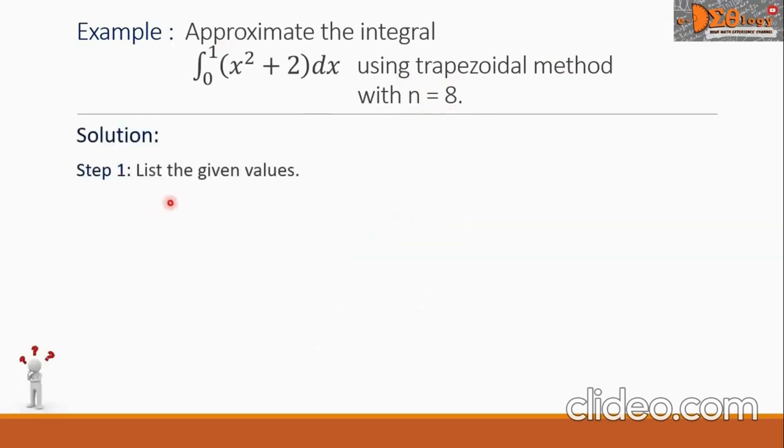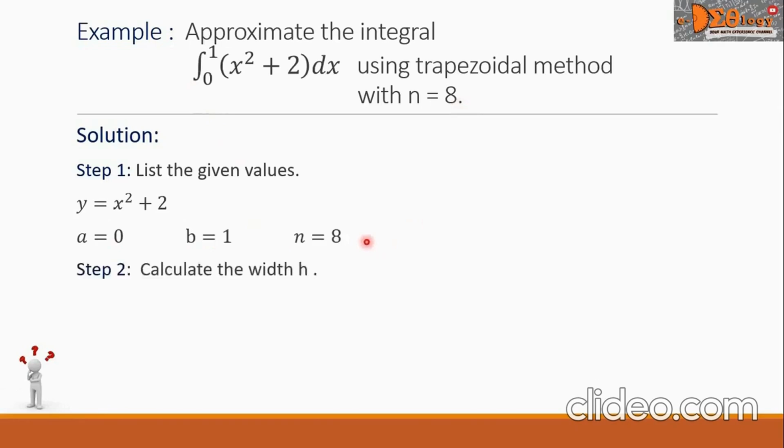Step 1 is to list the given values. First, we collect y is equal to the function x squared plus 2. Then, the lower and upper limits respectively: a equals 0 and b equals 1. And n is given as 8.